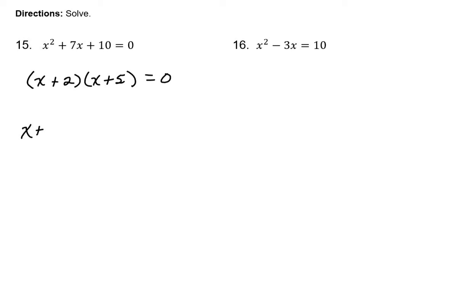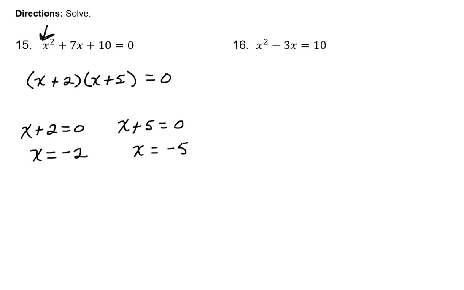So either the x plus 2 has to be 0 or the x plus 5 has to be 0. So x could be negative 2 or x can be negative 5. If you were to put either one of those numbers back in place of this x up here, you would get 0 for your answer.